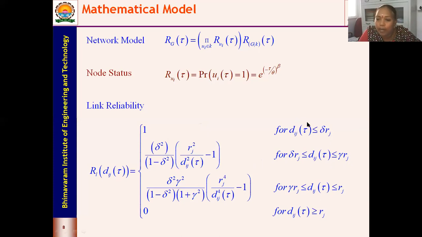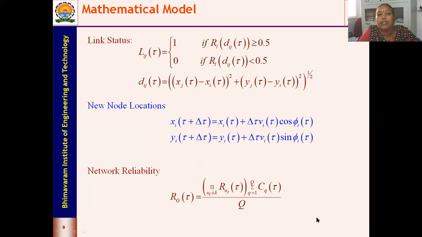So here we have combined both the FS model and the TRG model, a hybrid model combination. When gamma is equal to 0 and delta is equal to 1, it becomes an FS model.